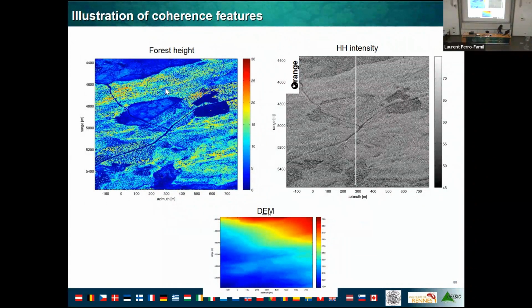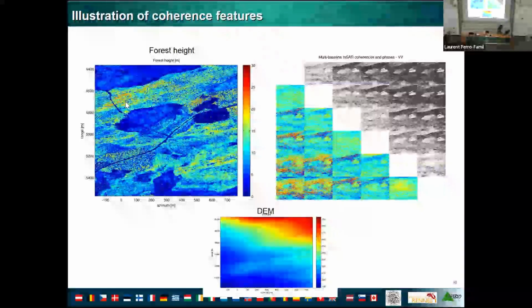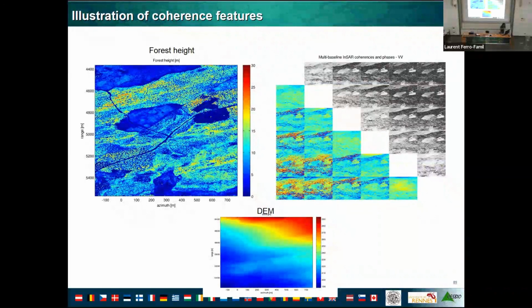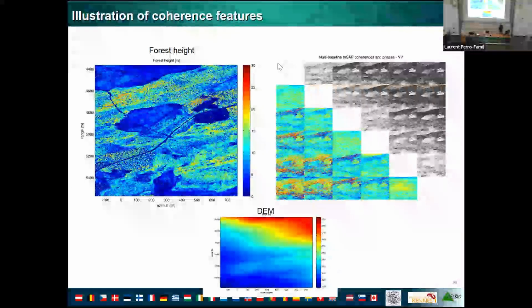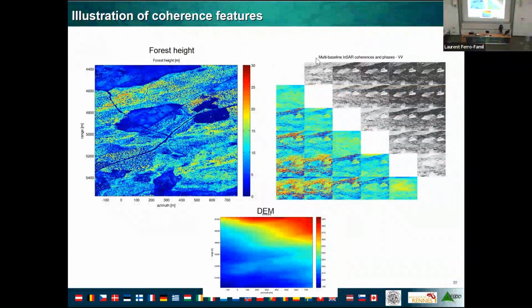But when you look at the LiDAR profile, you see that there are forests with different tree heights. And this is an image of the coherences and phase values computed for the different baselines. So this is the coherence between image 1 and image 2, image 1 and image 3, 1 and 4, etc., 1 and 5, 1 and 6.